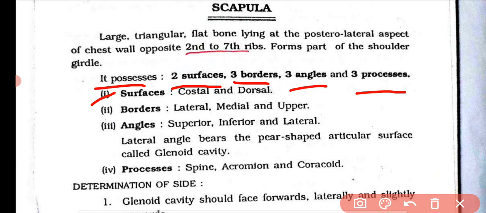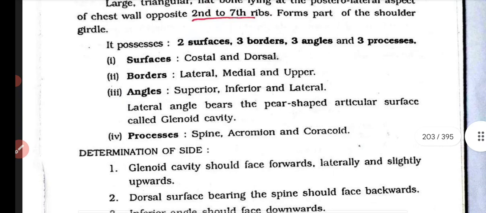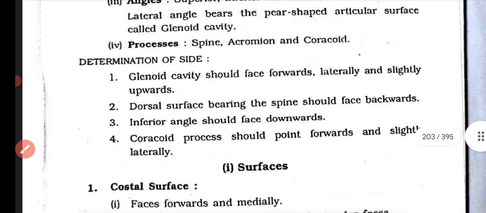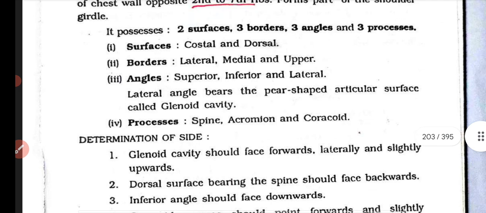From this point, we came to know that the dorsal surface lies backward. Costal surface means the anterior surface, and the dorsal surface means the posterior surface.